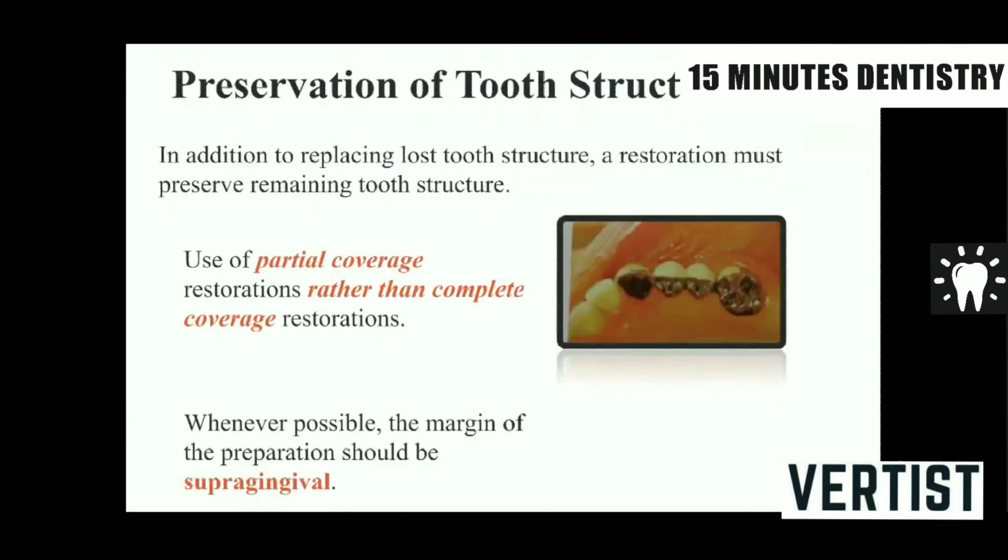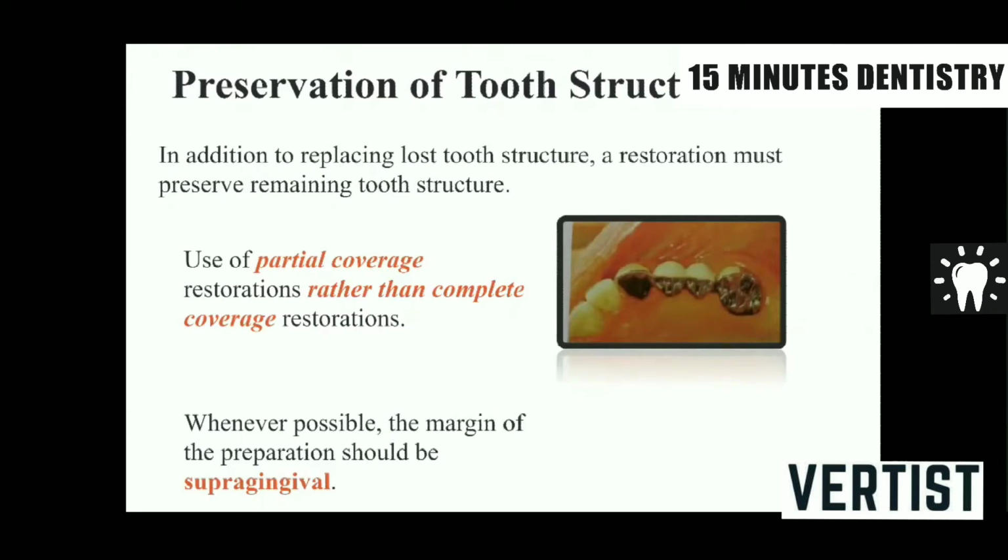So coming to the first principle, which is preservation of tooth structure. As you all know, this is our main goal. Even though our aim is to replace the lost tooth structure, we should preserve what is remaining.